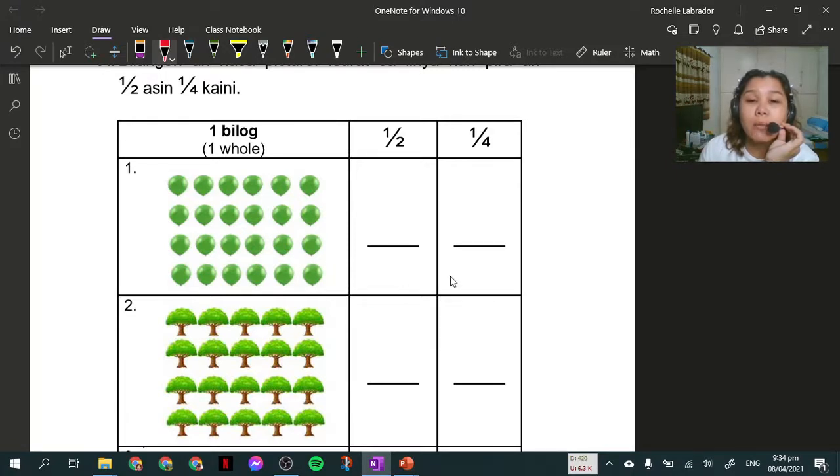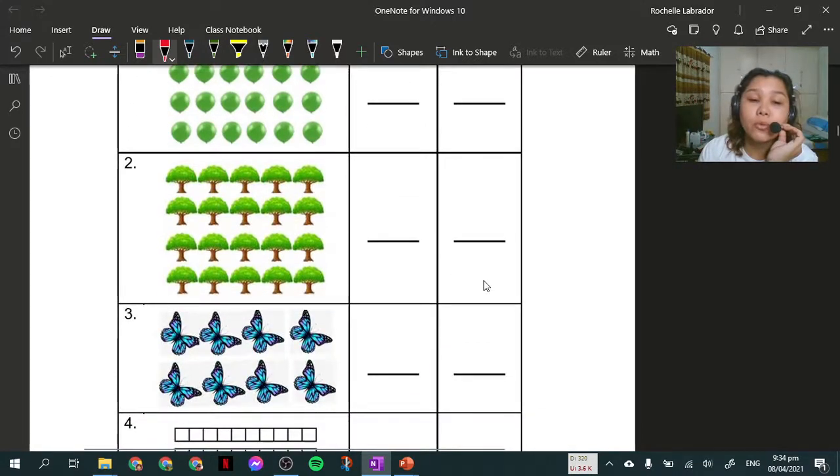Teacher, can I make lines so I can see how many balloons each group will have? Yes, you can. Don't erase the lines if you put them. Okay, and also you have to do that for number 2.